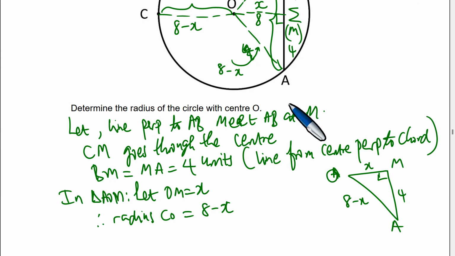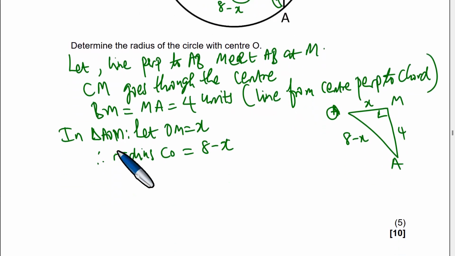We can just use Pythagoras theorem from here. So we can then say 8 minus X squared is equal to X squared plus 4 squared. Why? It is Pythagoras.